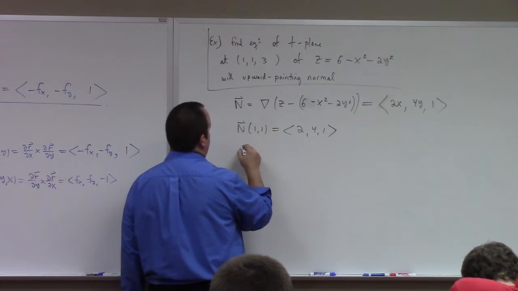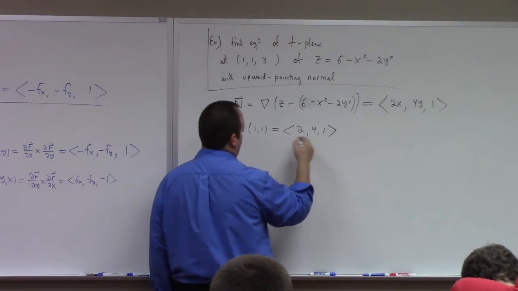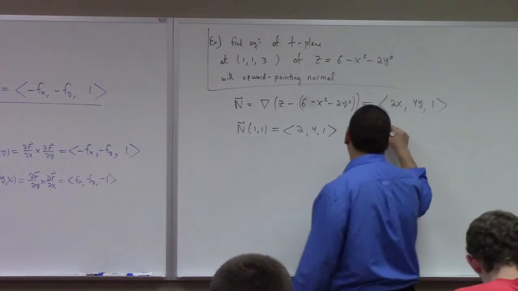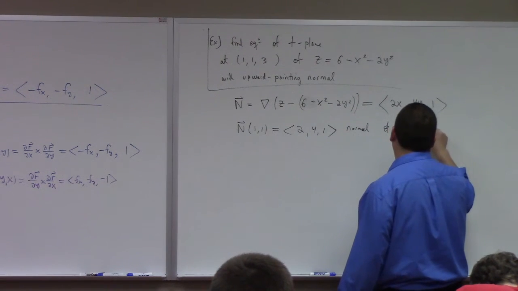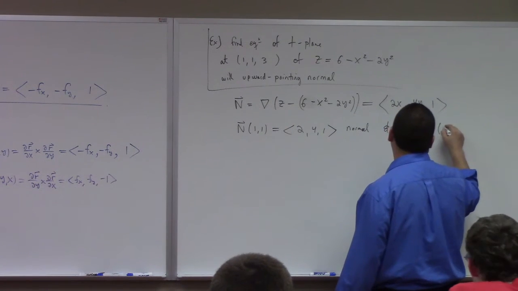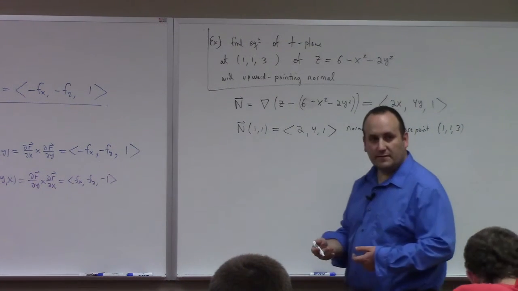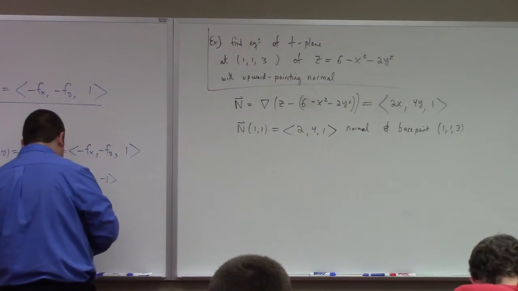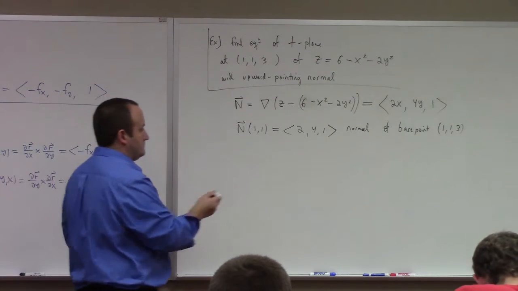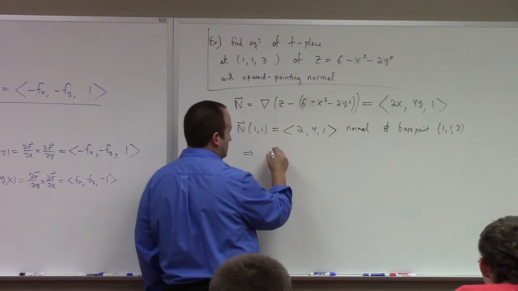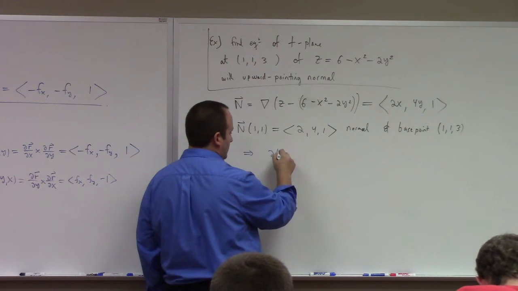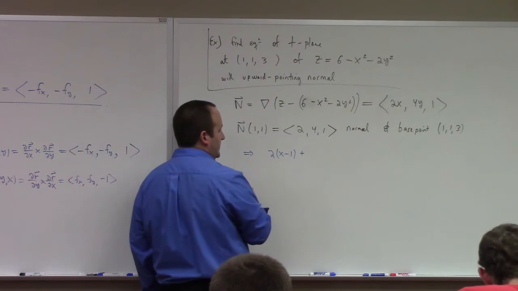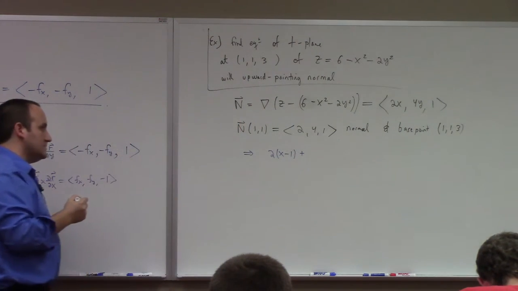And if my base point is 1, 1, 3, which is given, then I can write the equation of the tangent plane as what? 2 times, plus what comes next? 4, yeah.